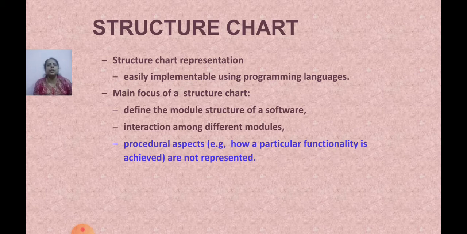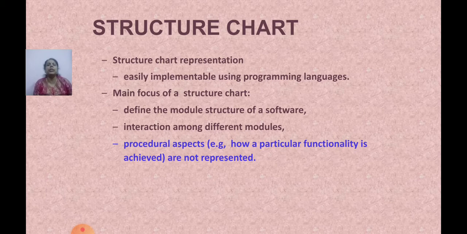A structure chart representation is easily implementable using a programming language. The main focus of the structure chart is to define the module structure of a software and the interaction among different modules. The procedural aspect, how a particular functionality is achieved, is not represented. This means using the structure chart, the design is easily implementable using any programming language.